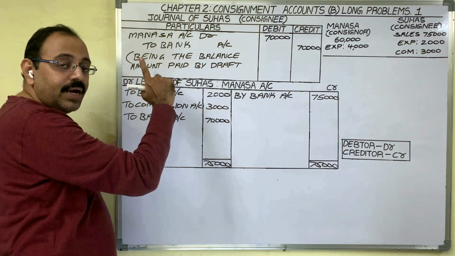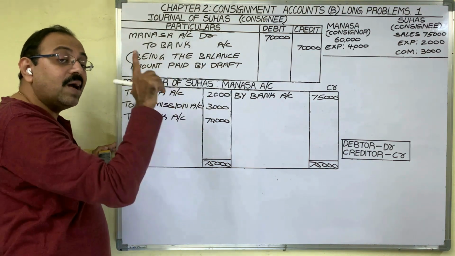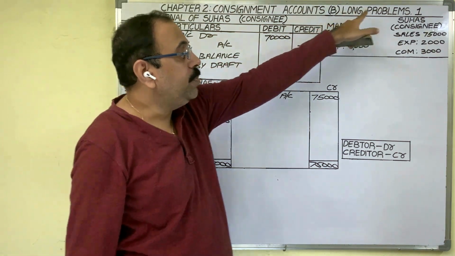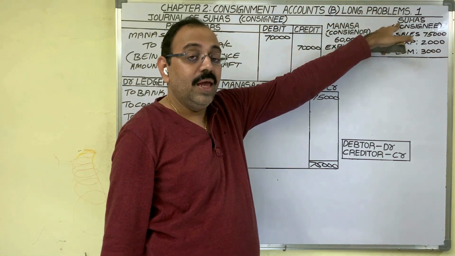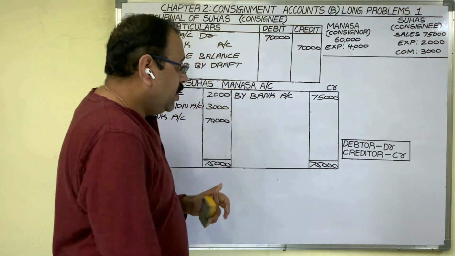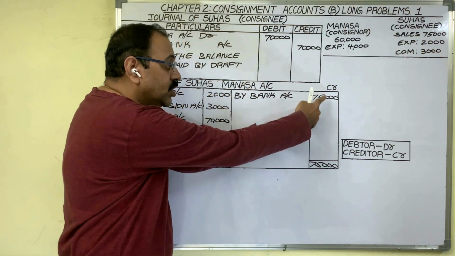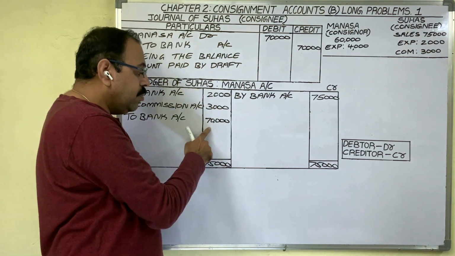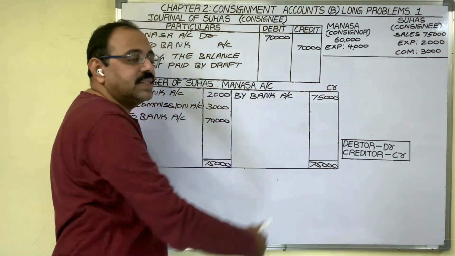Once you recollect consignee's account in consignor's books, in Manasa's books, we prepared Suhas account now. In that account, this 75,000 we got on debit side and these three amounts we got on credit side.